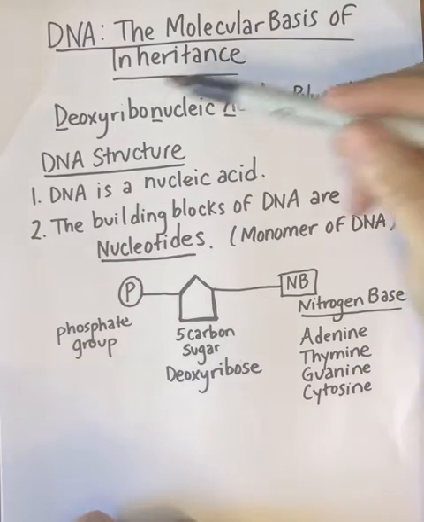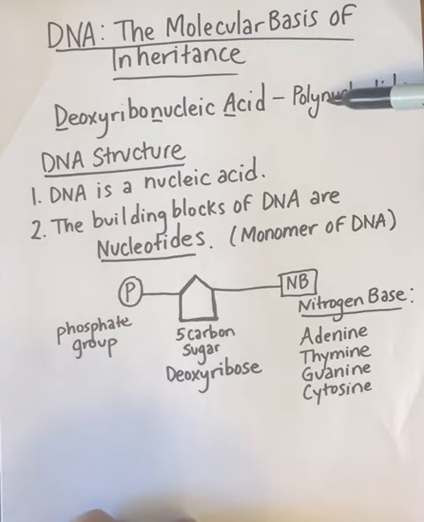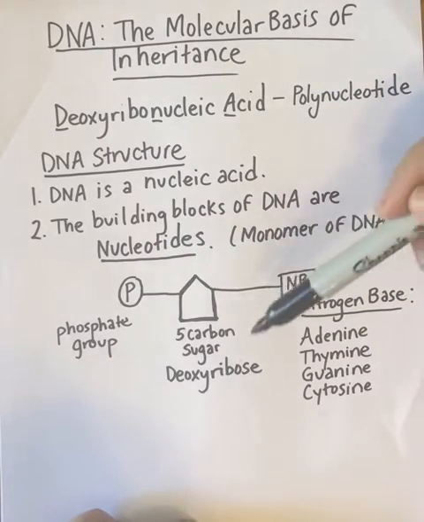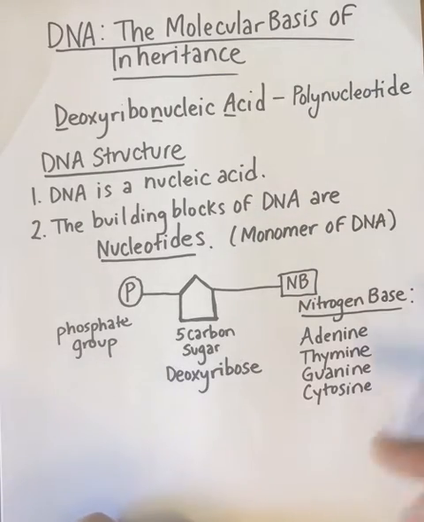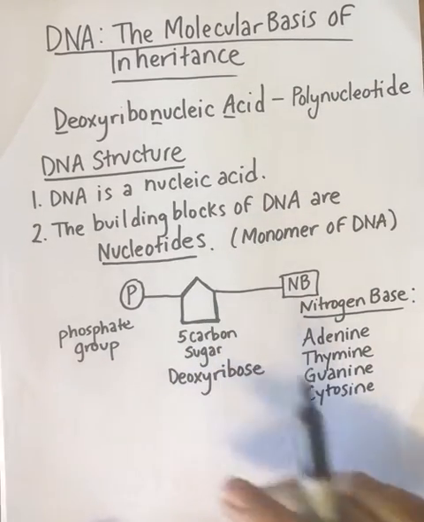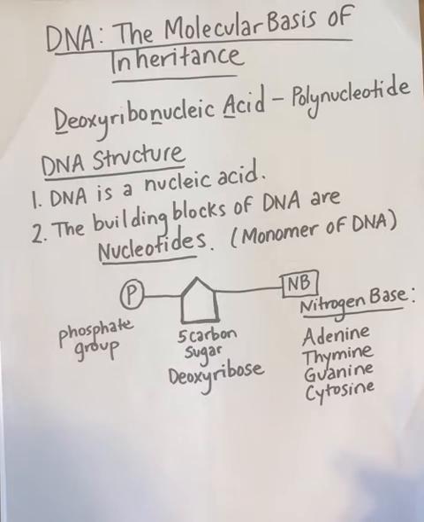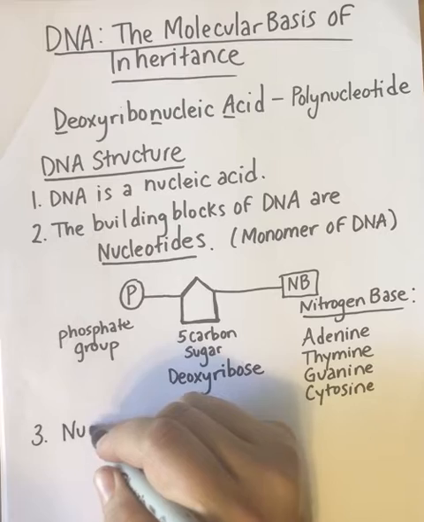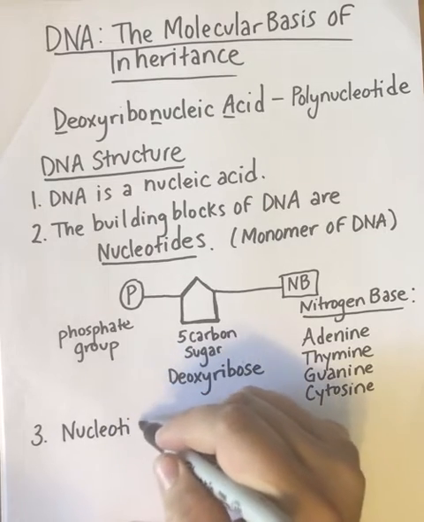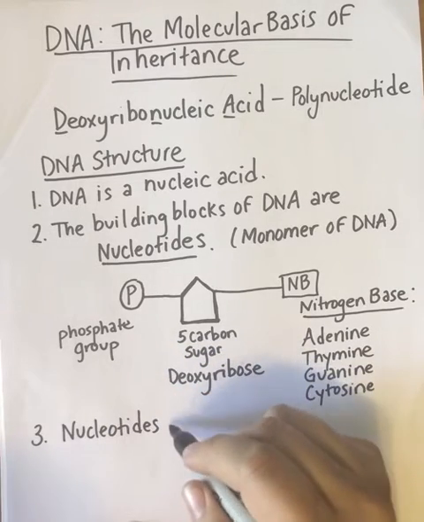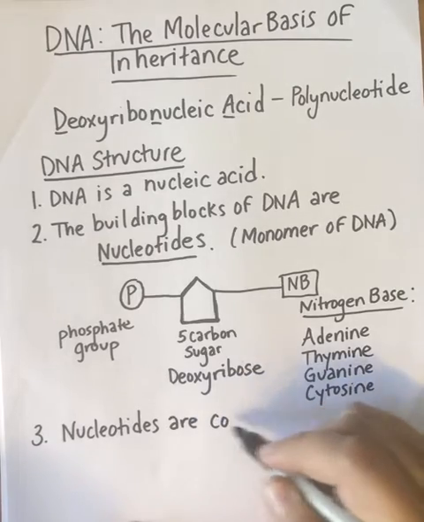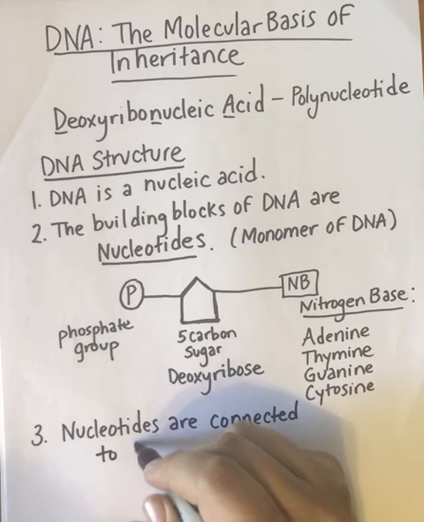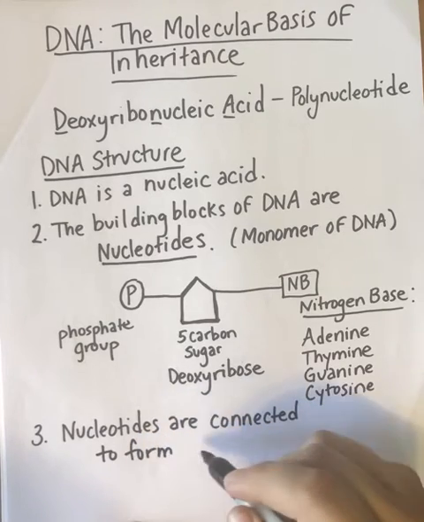So when we talk about DNA, DNA is a polynucleotide, so you're going to have repeating units of nucleotides that are connected. These nucleotides are connected to form a long chain.